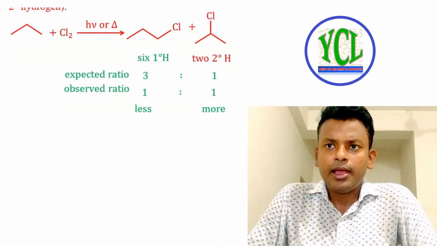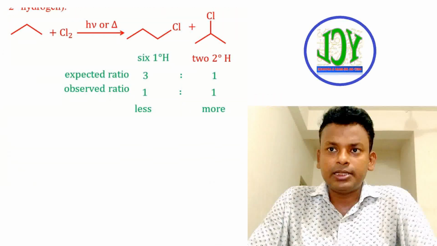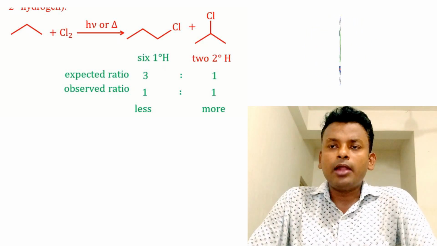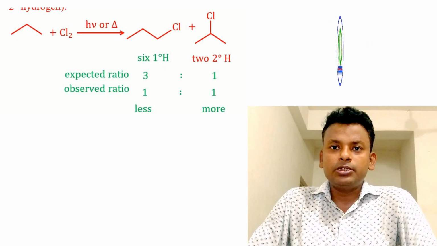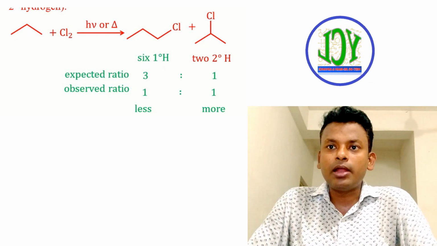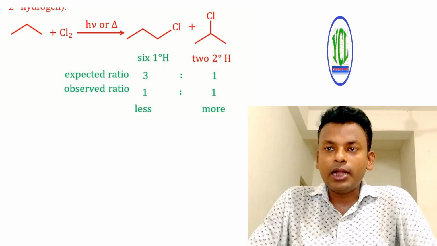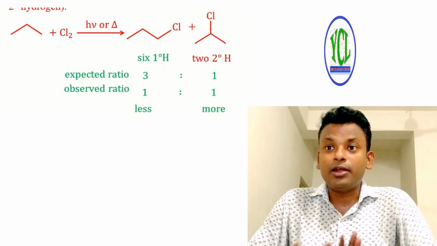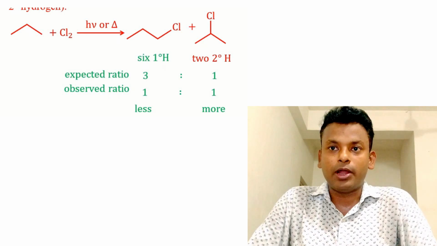The reactions are given: there are six 1 degree hydrogens leading to 1-chloropropane and two 2 degree hydrogens leading to 2-chloropropane. The expected ratio is 3:1 and the observed ratio is 1:1; 1-chloropropane is the minor product and 2-chloropropane is the major product.